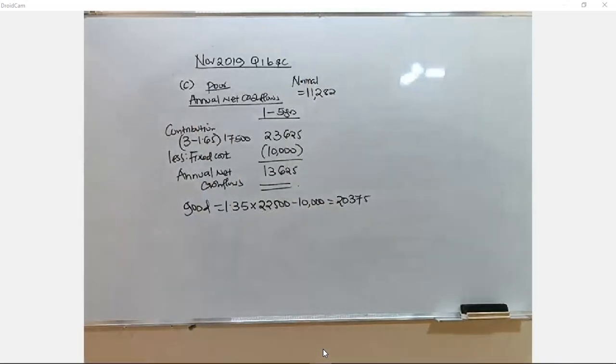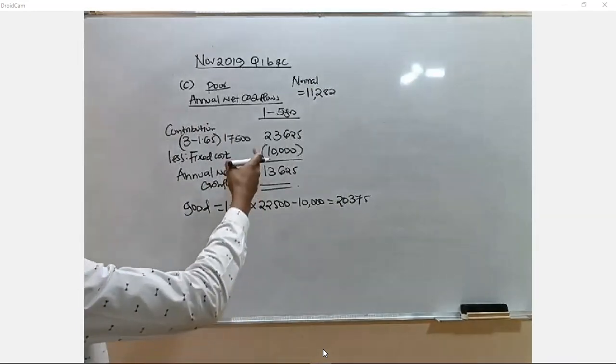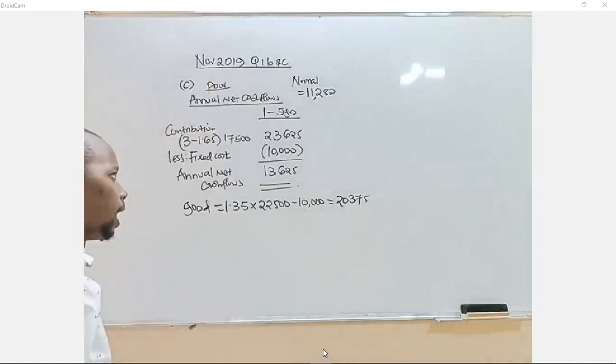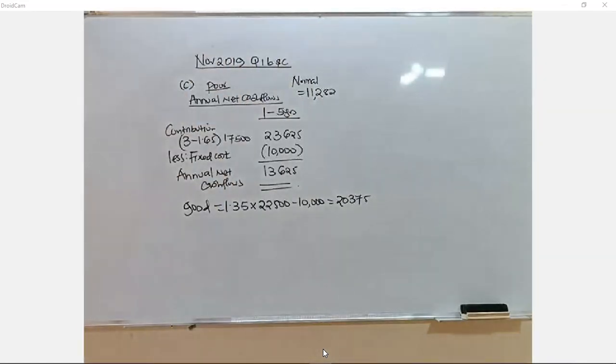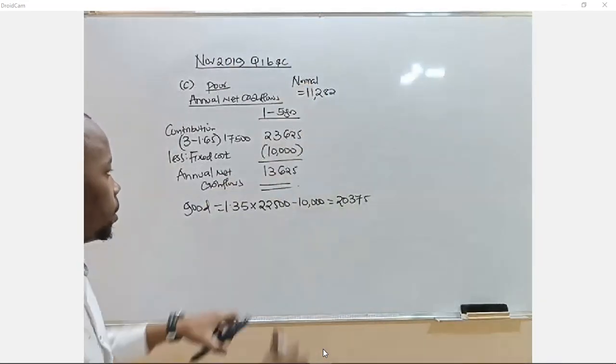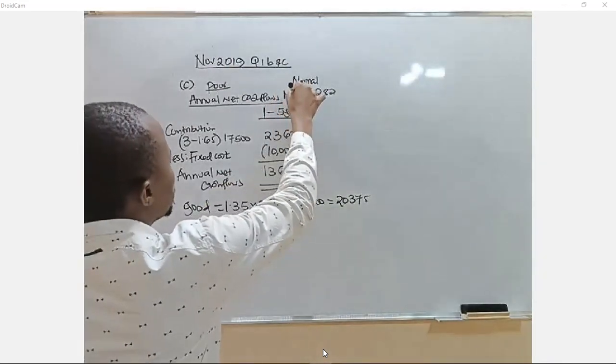So there is no any problem with that. Remember the expected, we have been told to come up with the expected NPV, right, of the project using the scenario analysis. Nothing more. So in this case, nishapata hii na nimepata hii na najua the normal ile nilipata hapo, 11,282. So what am I going to be doing right now, right? This is the NPV and normal, sorry. That is the NPV and normal.